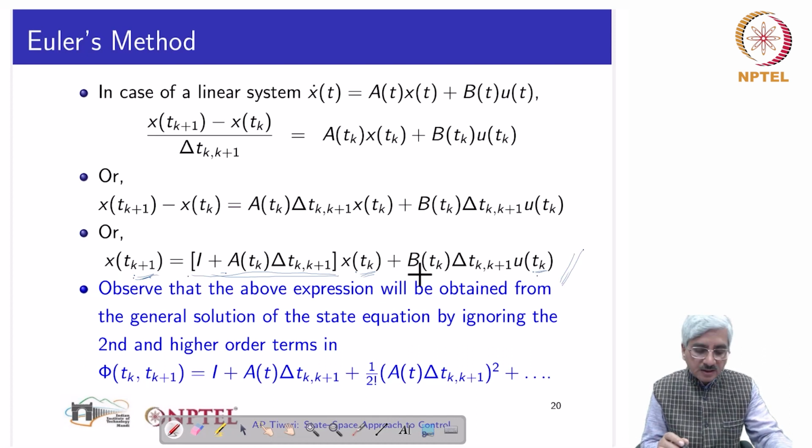Now what we observe is that this quantity in brackets is an approximation of the state transition matrix evaluated for tk plus 1.